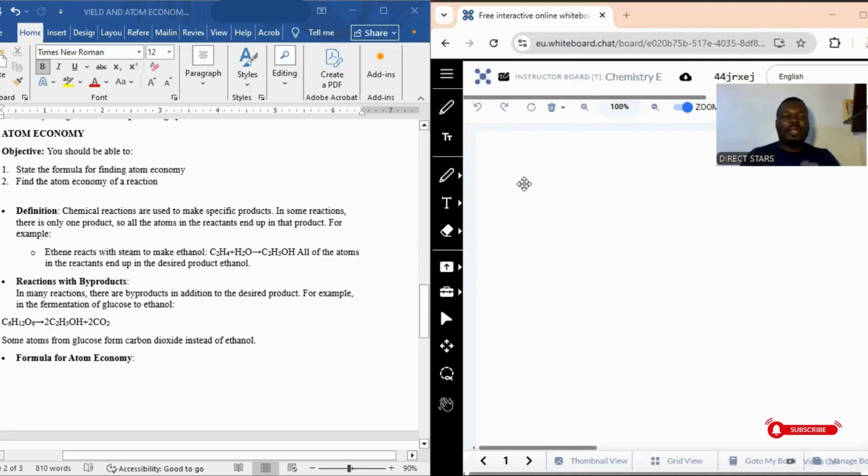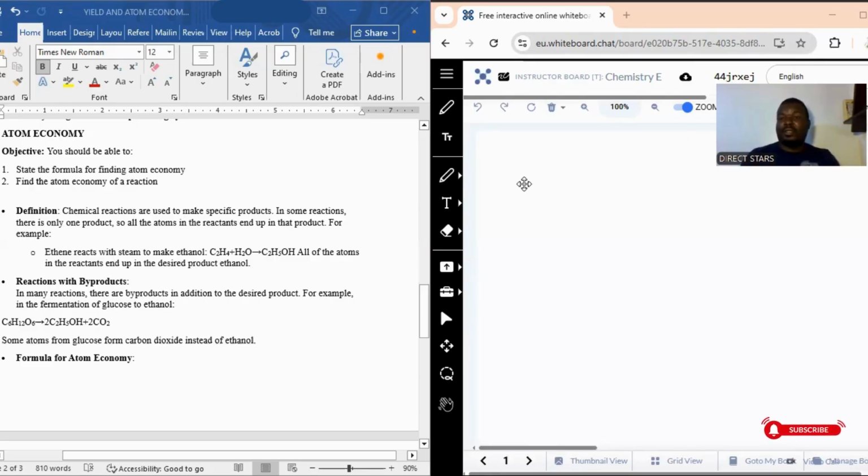So today we'll be looking at atom economy. By the end of the class today, you should be able to state the formula for finding atom economy and also find the atom economy of a reaction. Why are we concerned about atom economy?